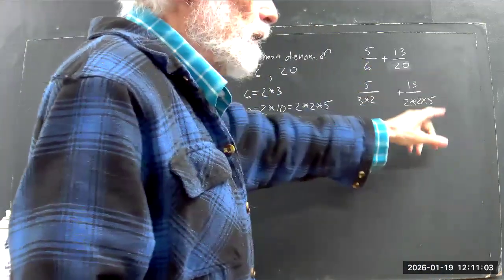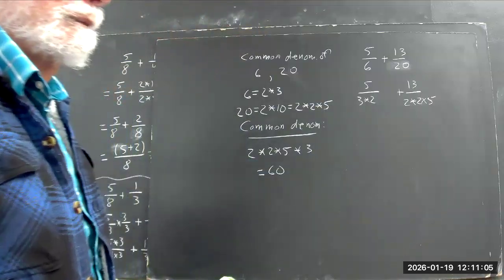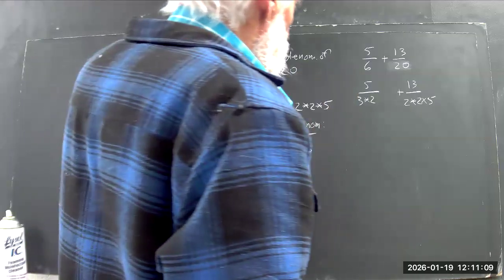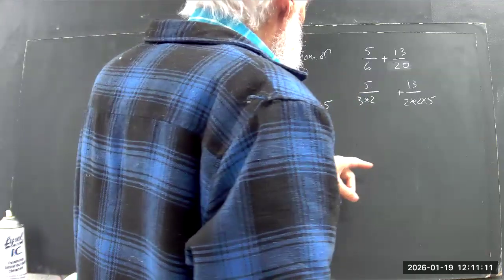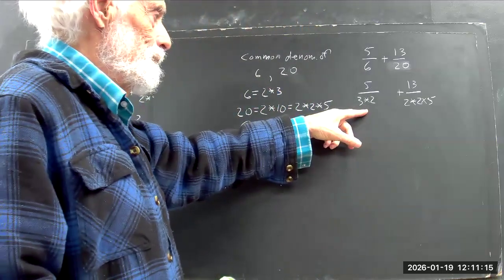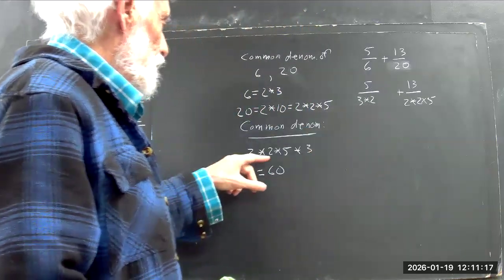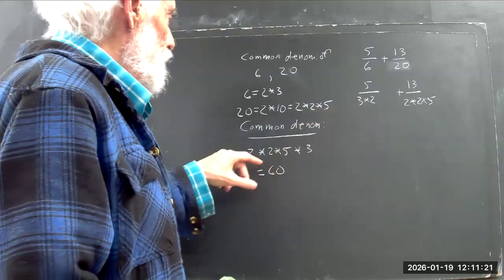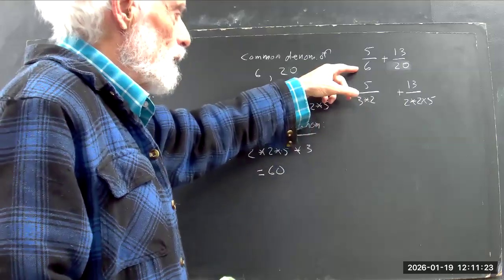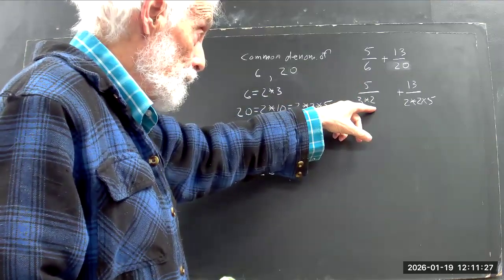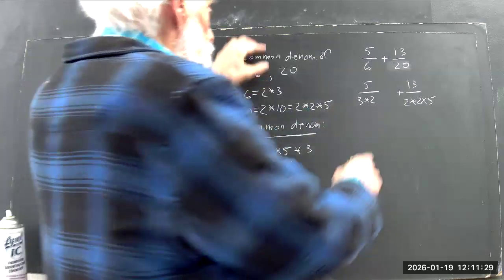Now I want these denominators to end up equal. So I'm going to multiply my 5 over 3 times 2 by the thing that it's missing. What's it missing? Well, the common denominator has a pair of 2's. So it's 3 times 2. I've only got one 2 in 5/6, or 5 over 3 times 2. I need another 2.